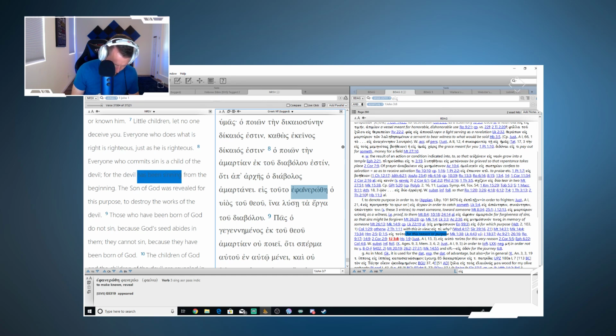In order that, so we got two purpose clauses, eis touto and ina, in order that he might destroy the works of the devil.